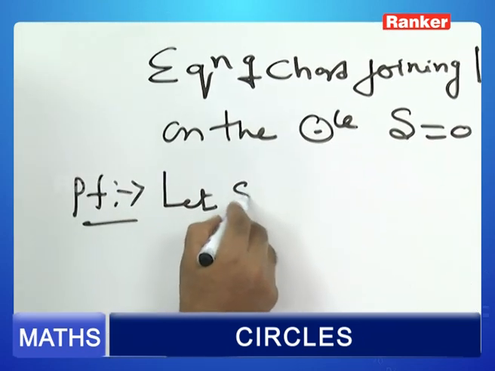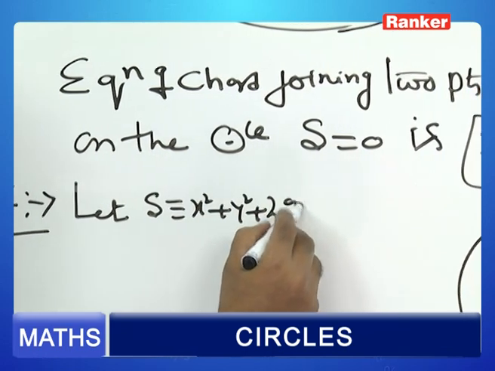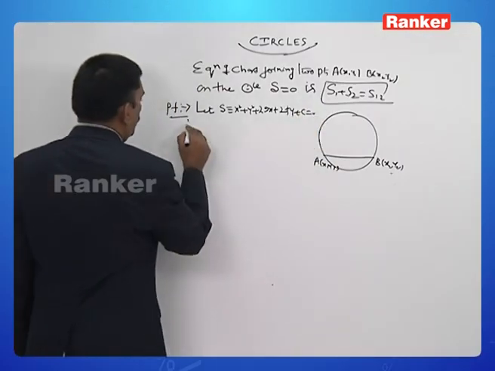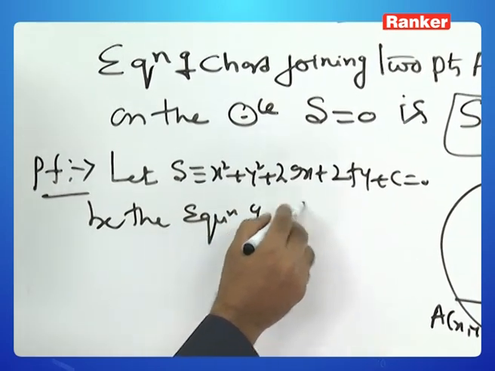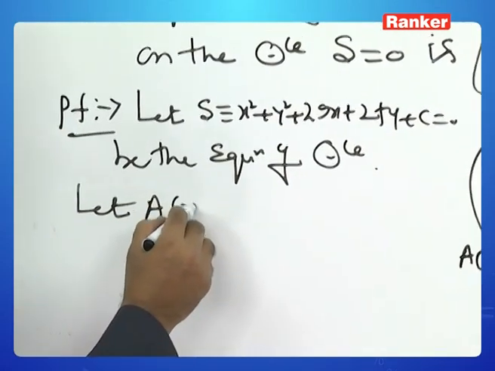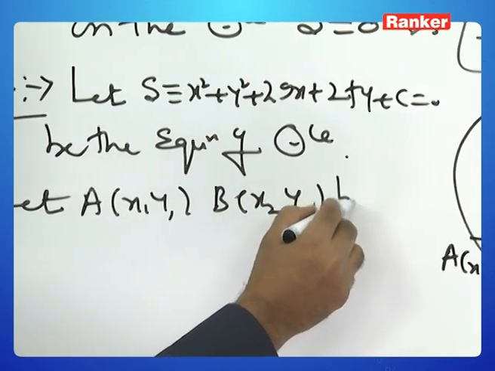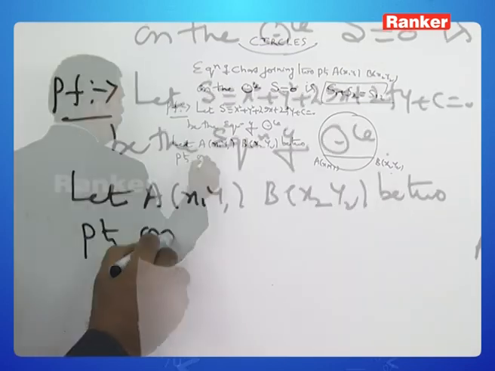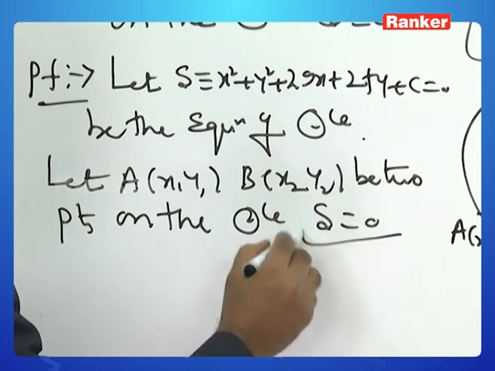Let S is equal to x square plus y square plus 2gx plus 2fy plus c is equal to 0 be the equation of the circle. Let A of x1 comma y1, B of x2 comma y2 be 2 points on the circle S is equal to 0.